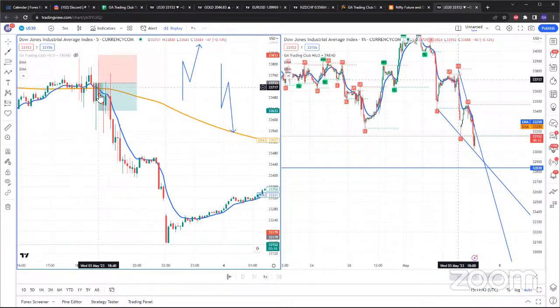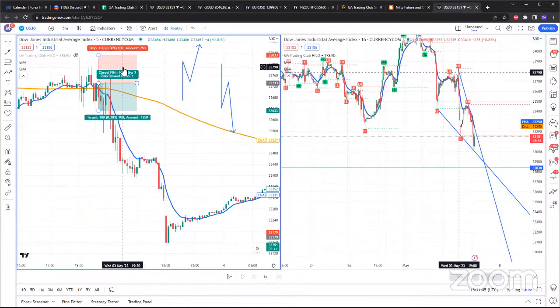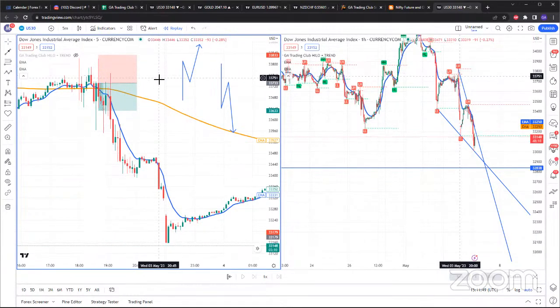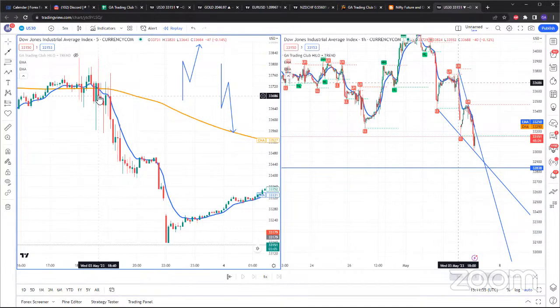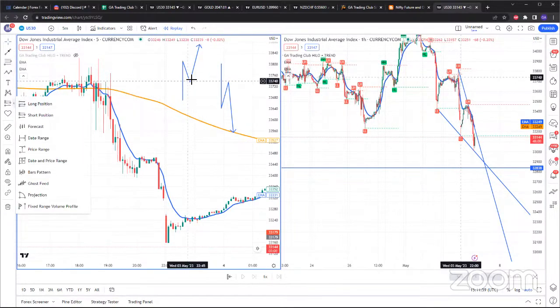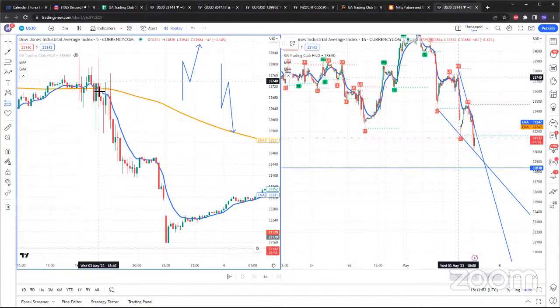But I would have entered a sell first, 100 pips TP, 100 pips stop loss. And if I was trading news, I would have gone for a higher risk. And then at the end of this candle, I would have made my profit there. At the close of this candle, I would have gotten into a buy because this pattern formed right there. So here I would have gotten into a buy at the close of this candle.